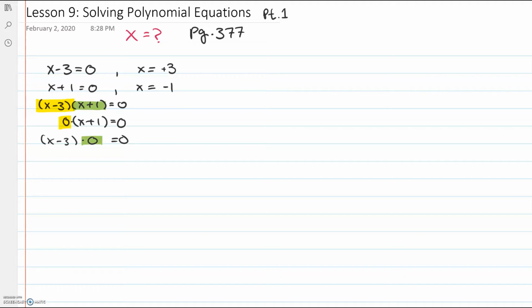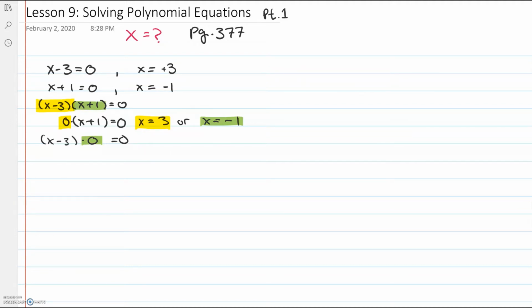So x equals 3, or x equals minus 1. We don't know which term turns out to be 0.